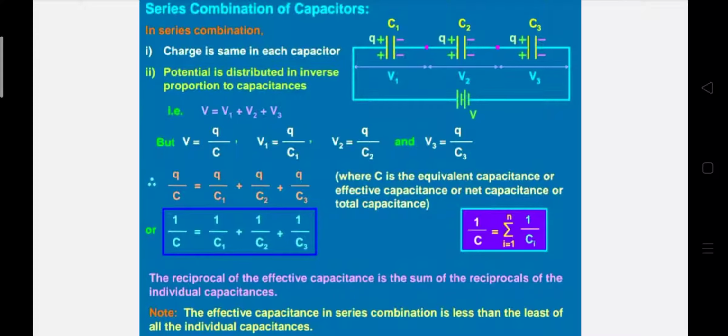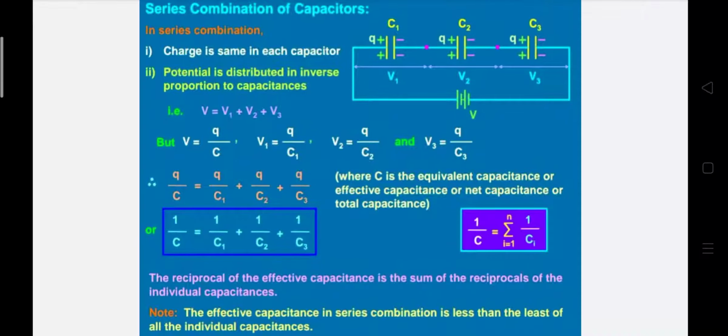Now the important thing about this combination, as you can see, is that Q charge develops on the positive plate. The same charge is developed on each plate of the capacitor. The positive plate has plus Q charge, the negative plate has minus Q charge, for each and every capacitor that is connected in the series combination.